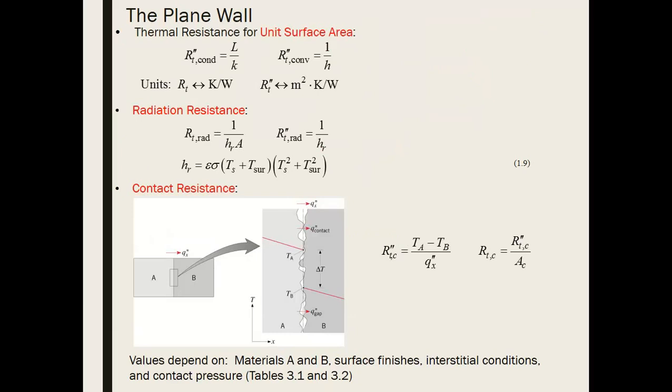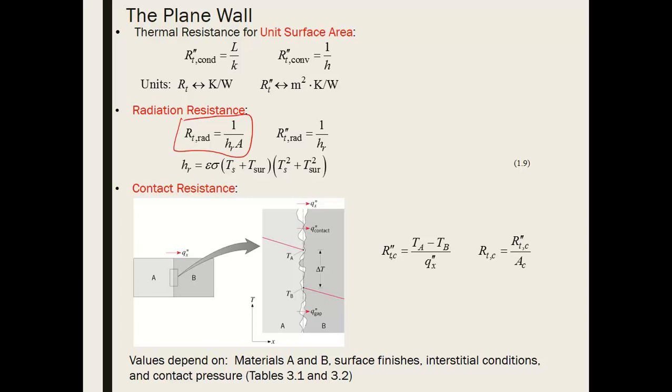So thermal resistance, we try to be versatile in the way it's defined. So you can also define thermal resistance per unit surface area, where it's actually not per unit surface area, it's for unit surface area. So this is the thermal resistance for radiation, and you see it has the area divided.